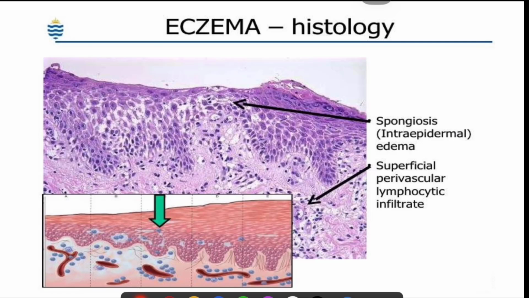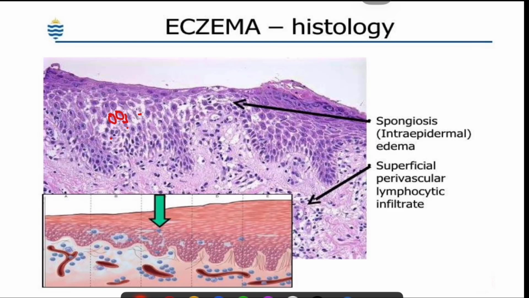There is a clear gap between these keratinocytes. So this is called intraepidermal edema, where you can find these are the two cells in between. There is a fluid collection and it is called spongiosis.